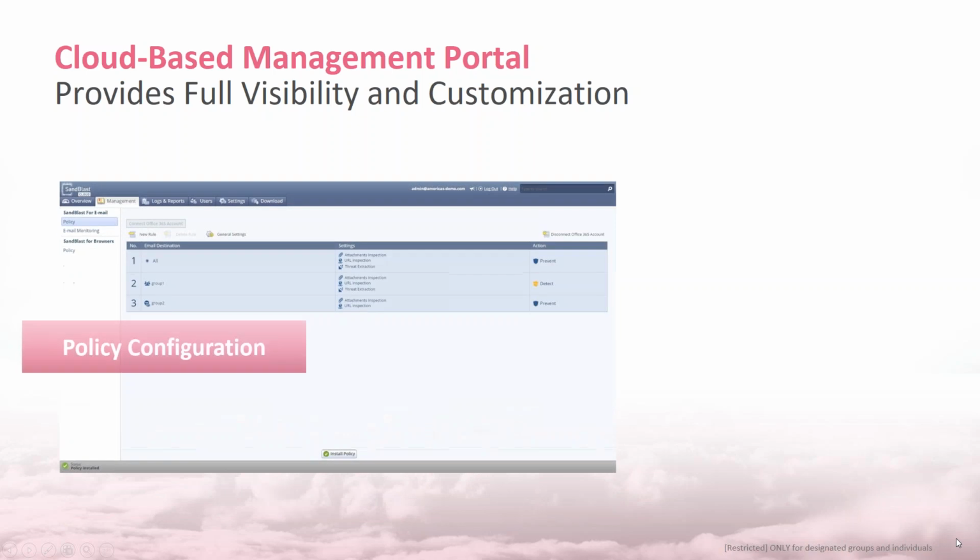Once we've done that, we'll get the web interface, which we can configure a policy. And again, in here, what we can see is a very simple interface. We've got our management tab here. We can see that we can control which groups the software is applied to.